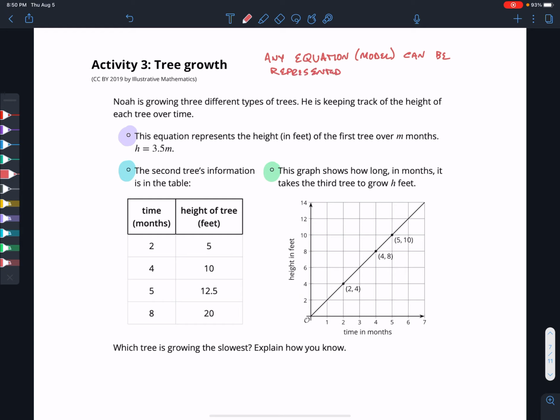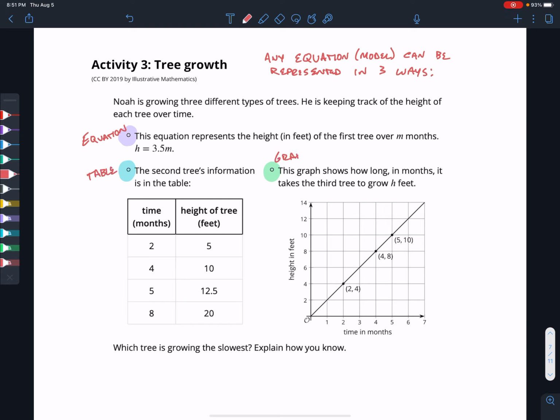And those 3 different ways are, as you might imagine, an equation, a table, and a graph.